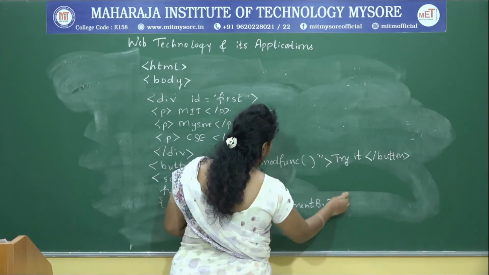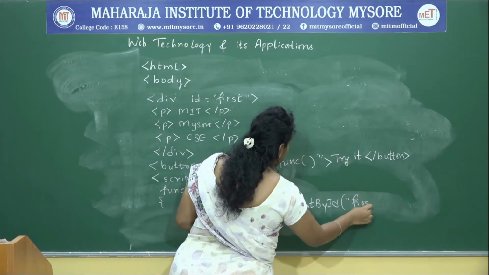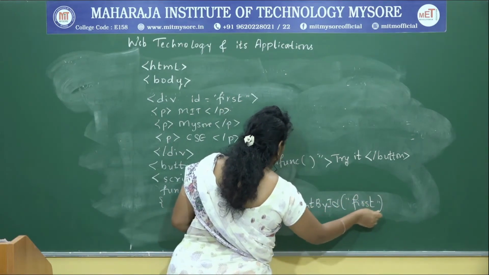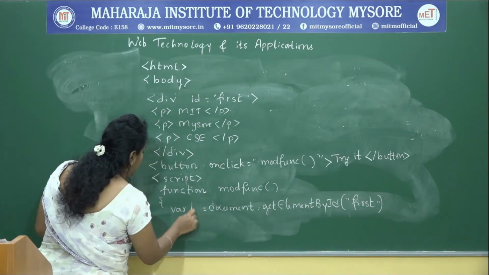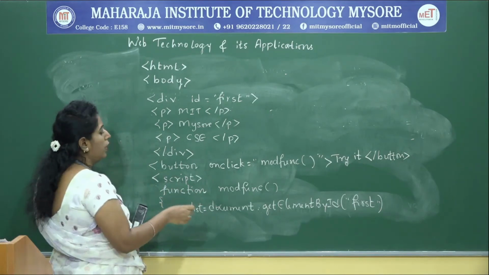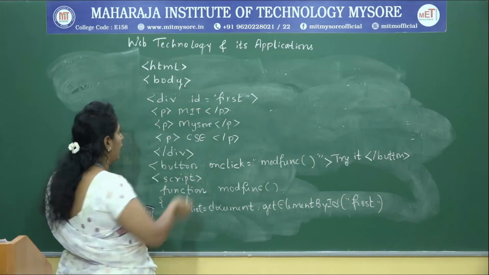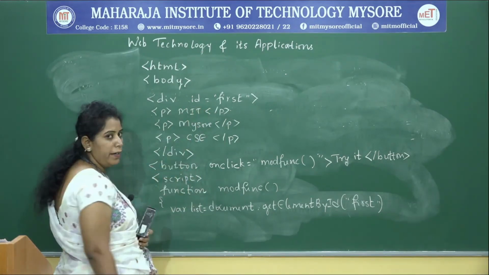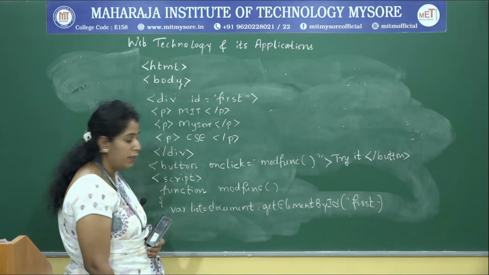What is the ID name I have to pass? First. So, that should be stored in a variable. I am taking the variable name as list. So, this ID matches with this particular element and inside that element how many paragraphs we have? 3 paragraphs. So, it is a list.